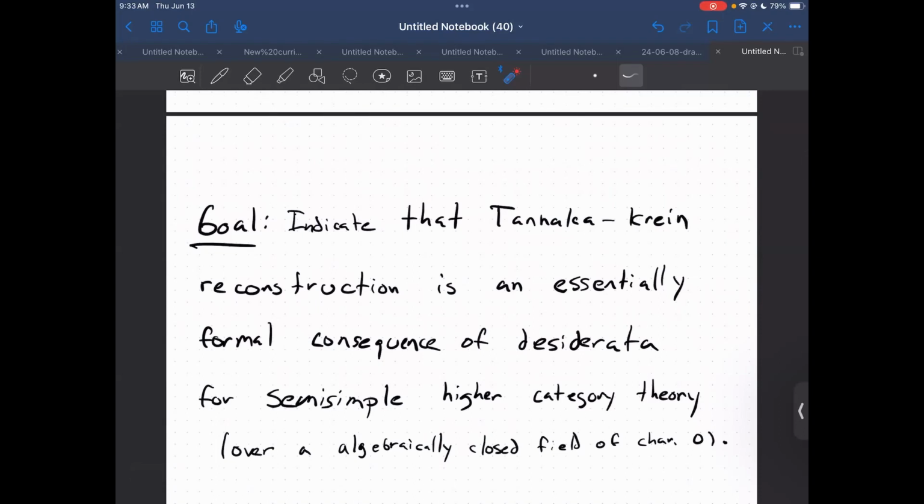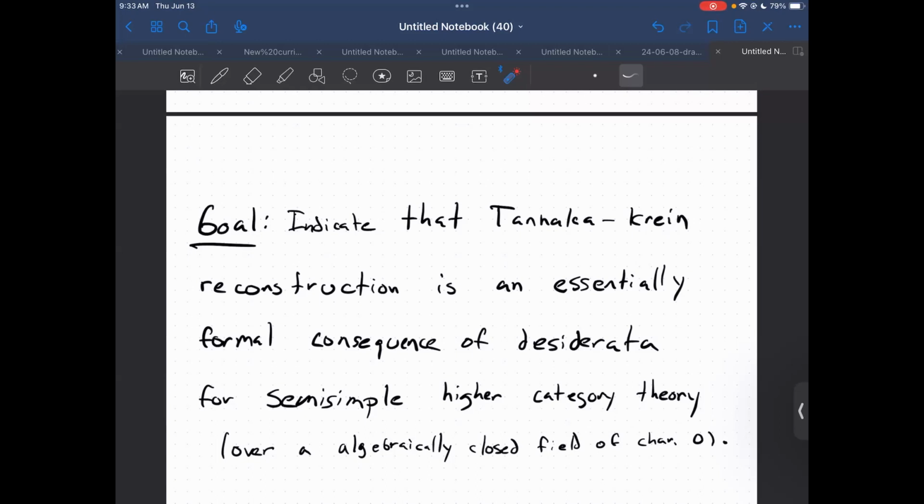So there's been some notion of semi-simple higher categories explored in the physics literature. Mathematics is still a bit behind in axiomatizing those completely, but the idea is that if you have some theory of semi-simple monoidal n categories over an algebraically closed field, not bad, characteristic 0, figure that out later, then reconstruction is essentially a formal problem.